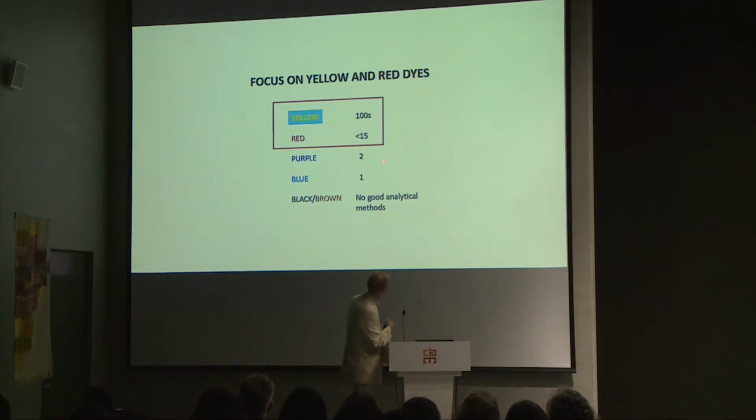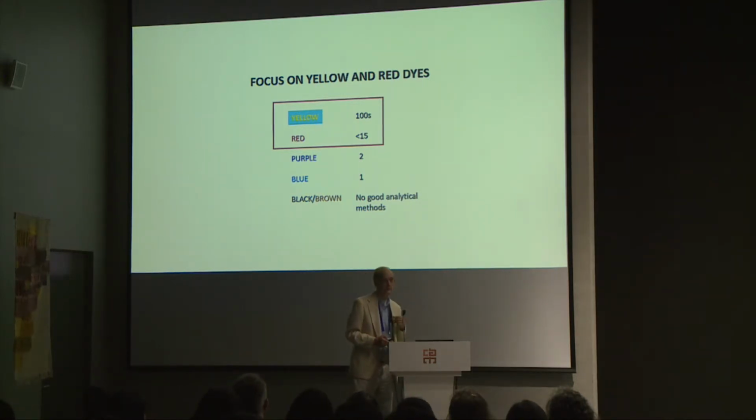And there's a few red ones, but there are really not so many stable red dyes. There's light, fast dyes. A couple of purples. We'll hear about one type a little later. And there's only one blue.